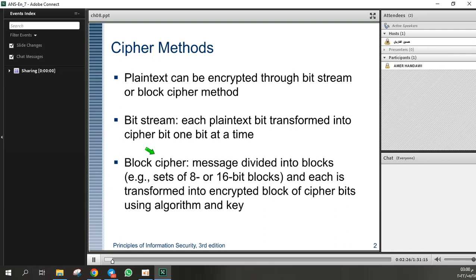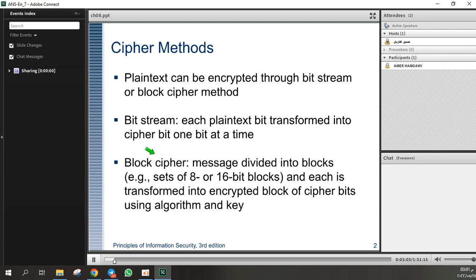For example, 8-bit blocks, 16-bit blocks, or 64-bit blocks, or something like that. A predefined block size. I should divide my data into predefined block size, and then those blocks are passed into the cipher method. So my data is encrypted block by block.